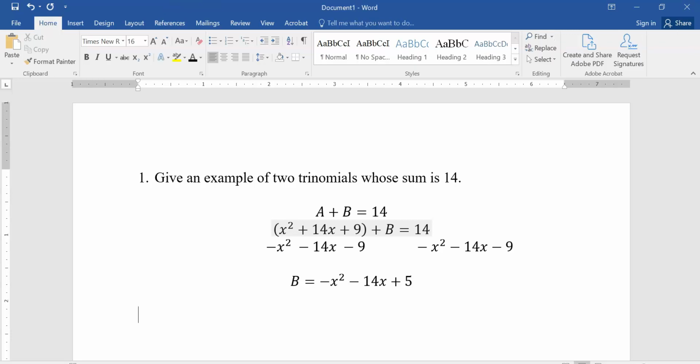Now, b equals this polynomial is not the actual answer. Remember, we wanted an example of two trinomials who sum up to 14. So here was one of them. The other one was this one.